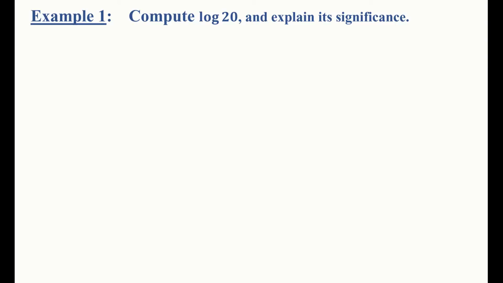All right, so let's go ahead and do a few examples to get comfortable with these two kinds of logarithms. Here, of course, since we see the log but no base, we automatically know this is log base 10. So we want to compute it and then explain what it actually means.